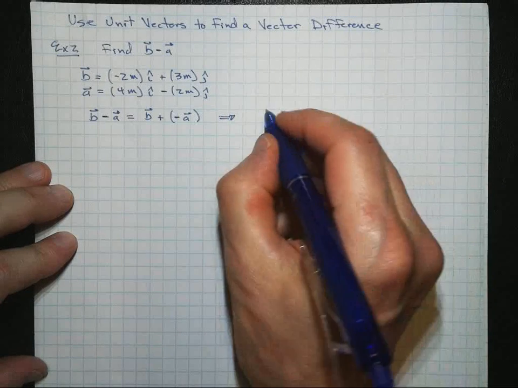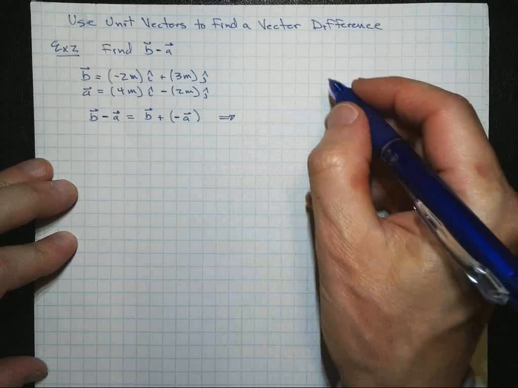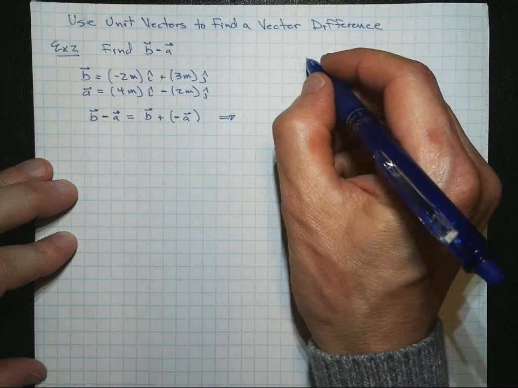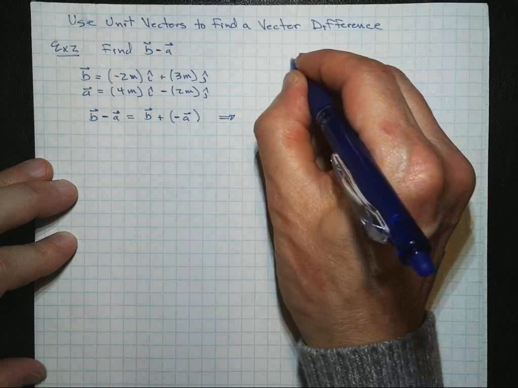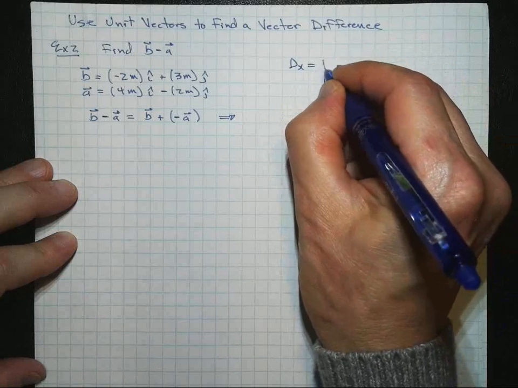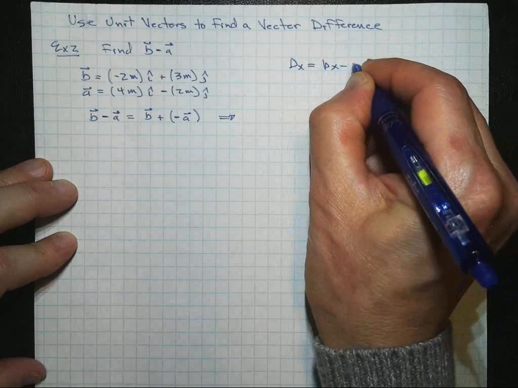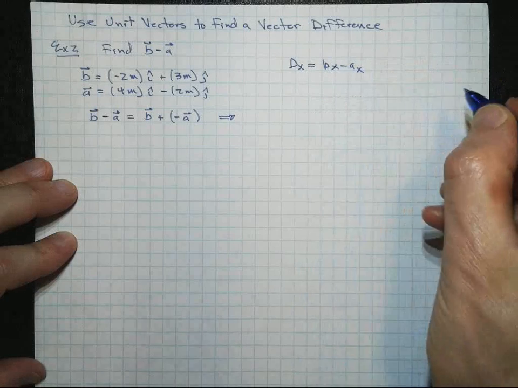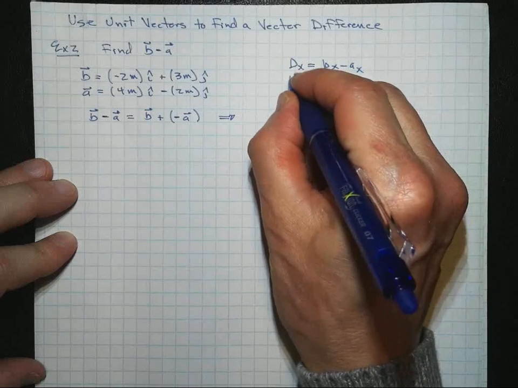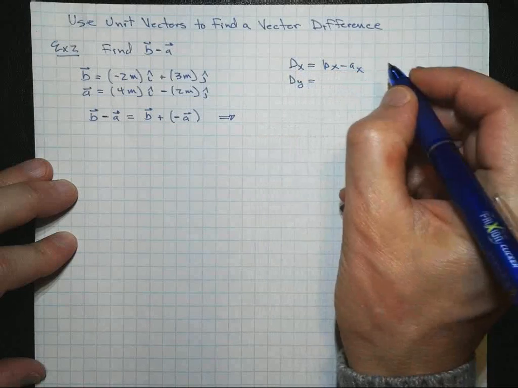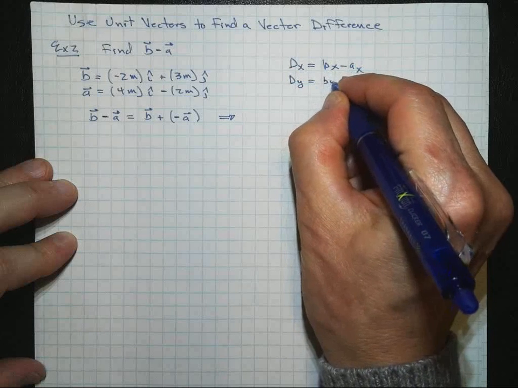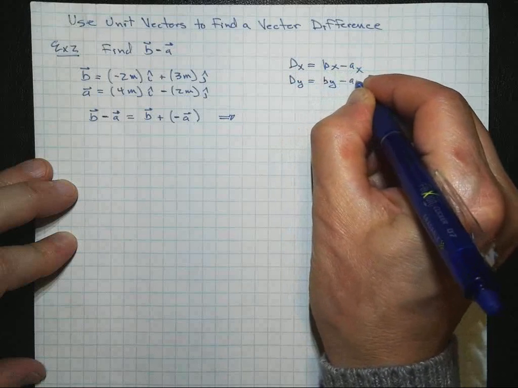If you recall when we did it before, to find the vector difference, to find dx, just as reference, it was bx minus ax for the x component of the vector difference, and the y component dy was simply by minus ay. So we're going to follow suit here.